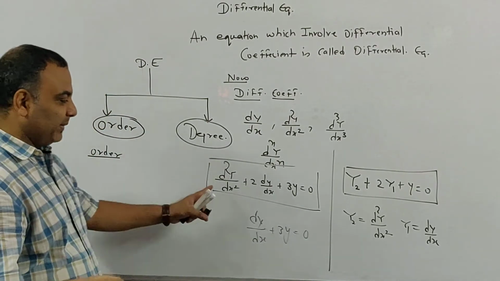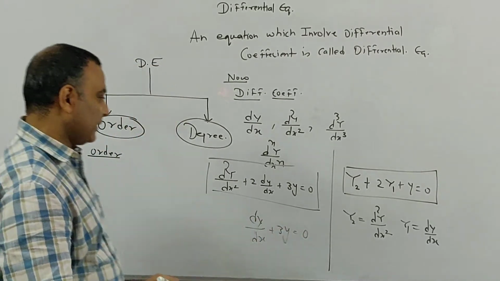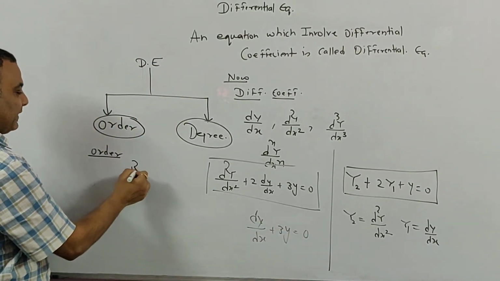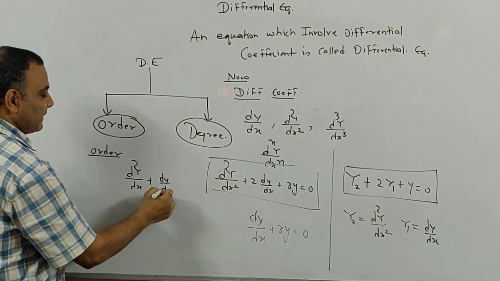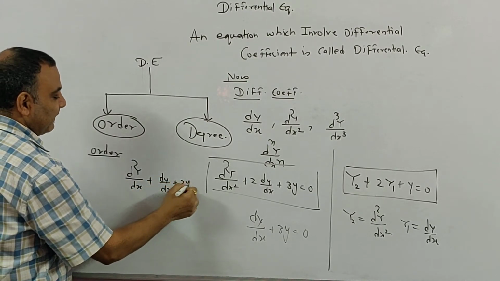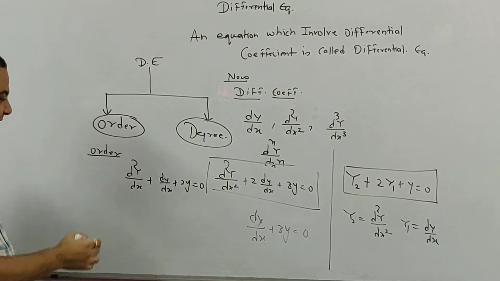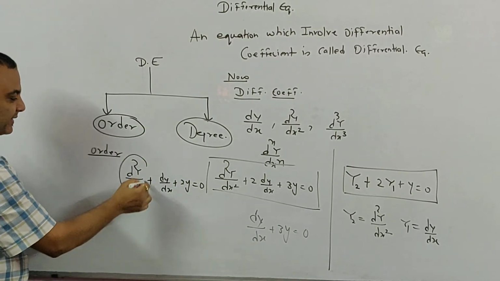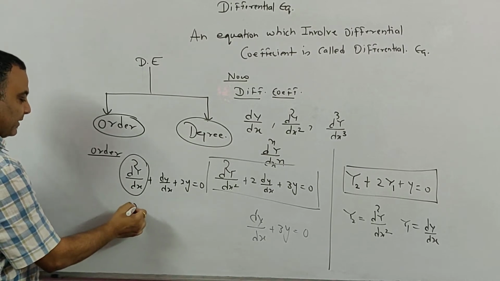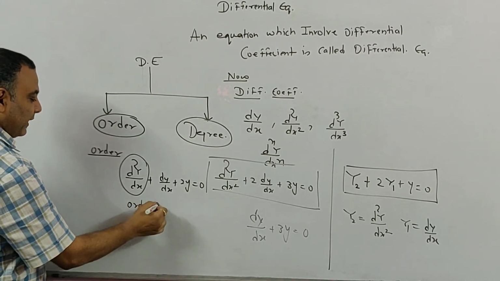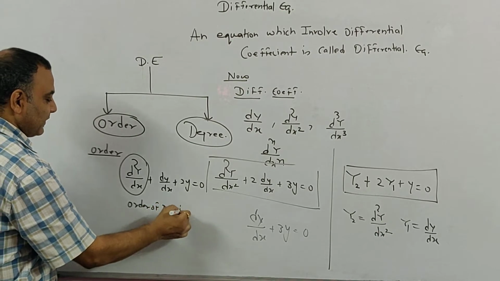Suppose I'm writing this equation: d square y over dx square plus dy over dx plus 2y equals 0. The highest order derivative present is d square y over dx square, so the order of this differential equation is 2.